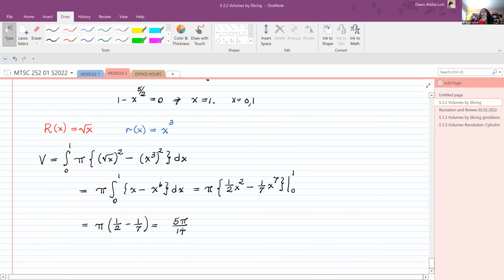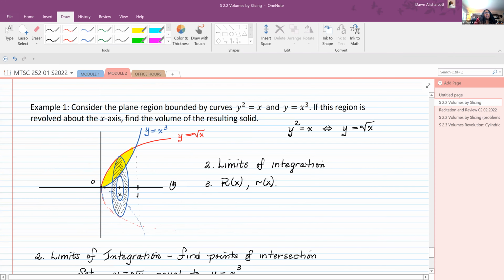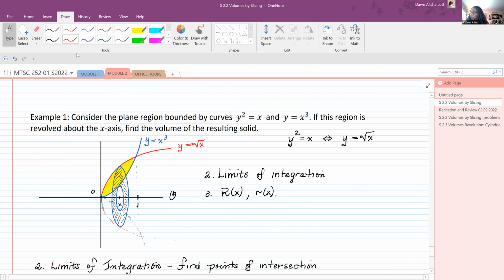Okay, any questions? So the big radius was the distance from here up to here.